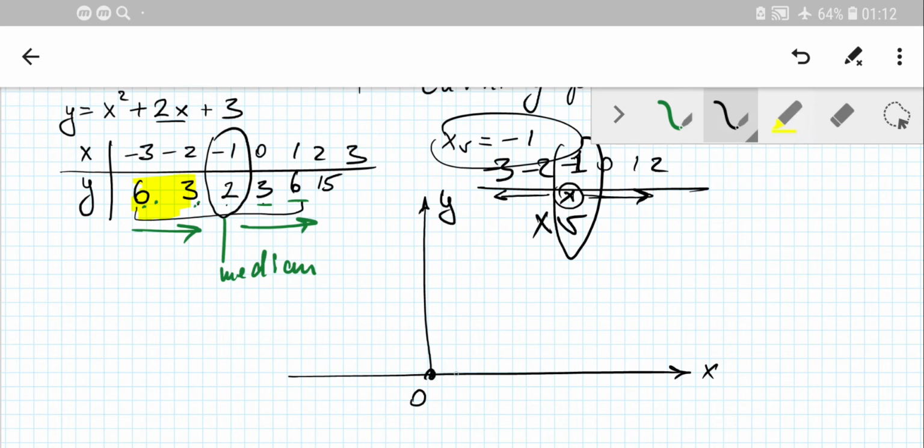Okay, so 0, 1, 2, and we'll get also -1, -2, and that's it. Oh, we have also -3. Okay, so then for -1, we'll have the vertex.